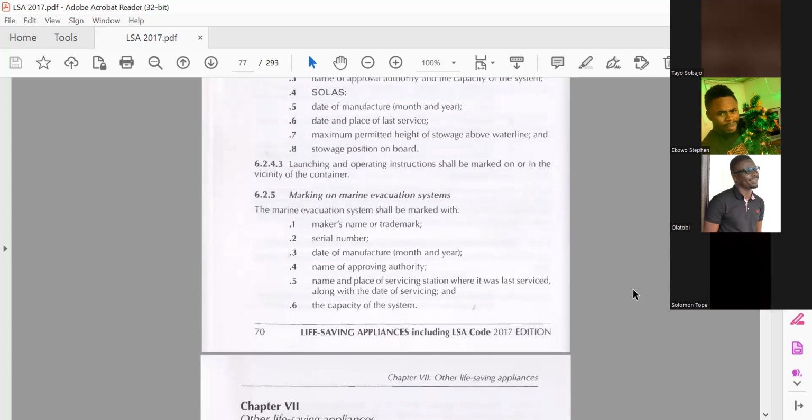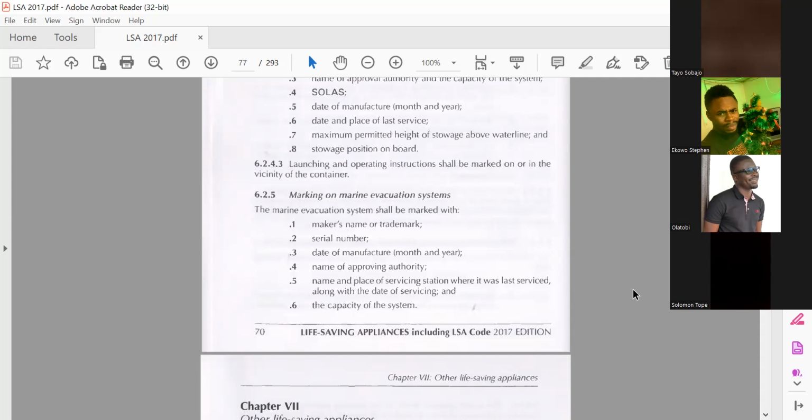The marine evacuation system shall be marked, aside from the life raft container, with the serial number, maker's name, date of manufacture, month and year, name of the approving authority, name and place of the servicing station where it was last serviced, along with the servicing date and the capacity of the system.